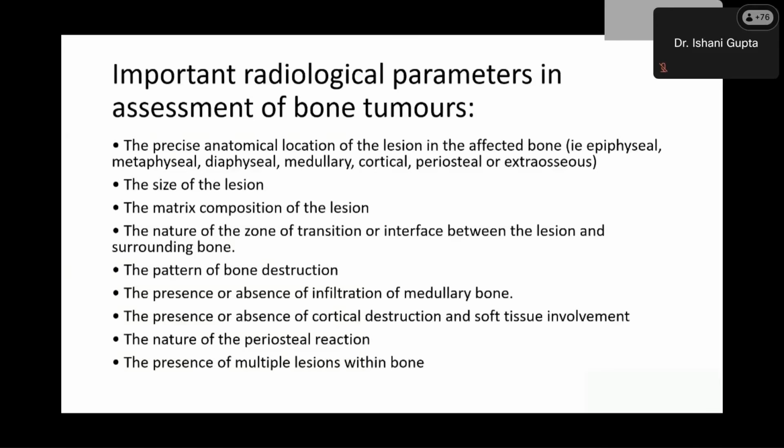So it will help us in triaging our lesions into benign and malignant categories. And if it is malignant, whether we can classify them based on the matrix, whether it is osteoid, or cartilage, or non-matrix producing tumors like lymphoma, or Ewing's or something like this. So there is a lot of this which will help us to triage these lesions better.